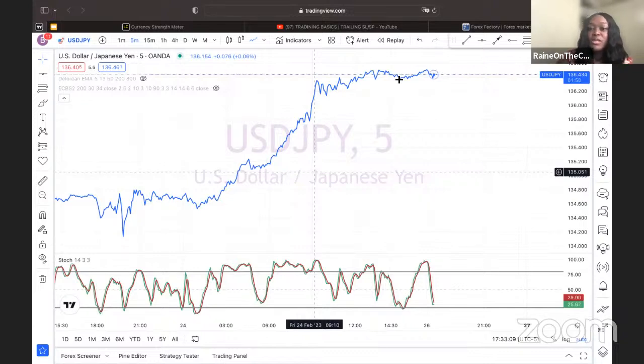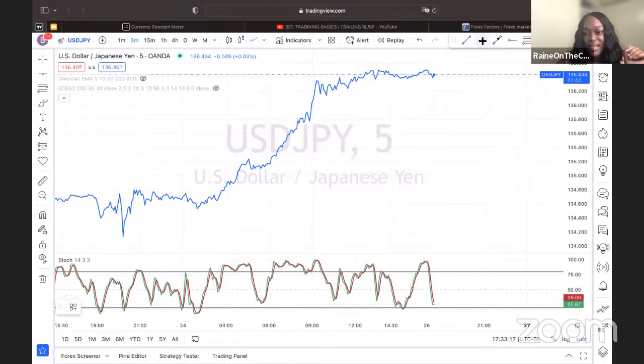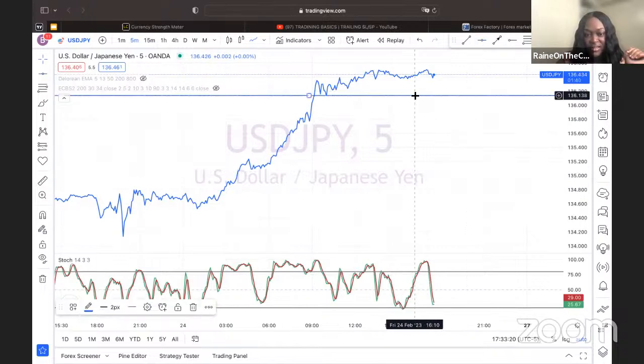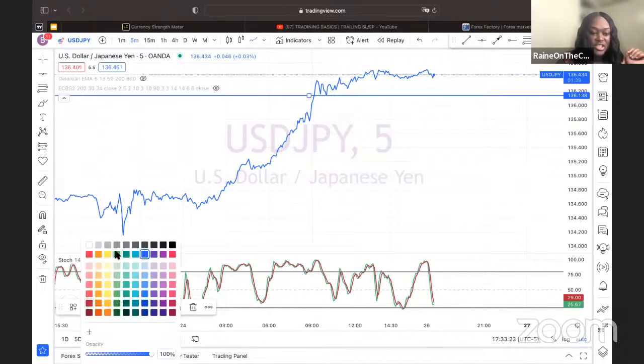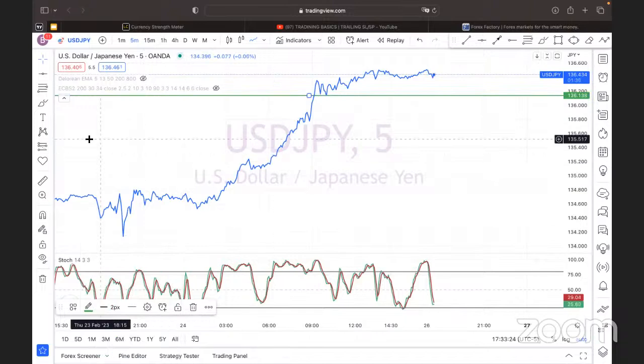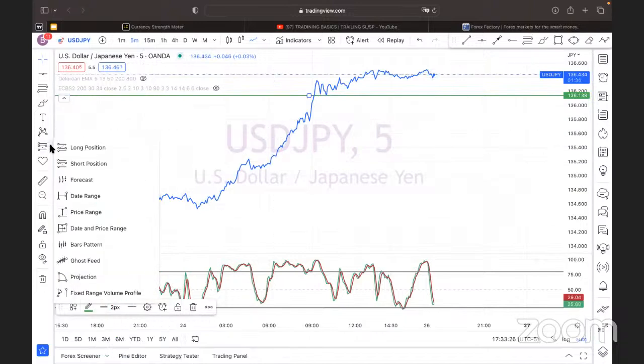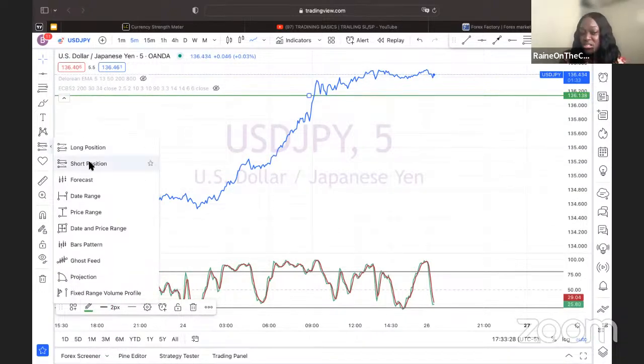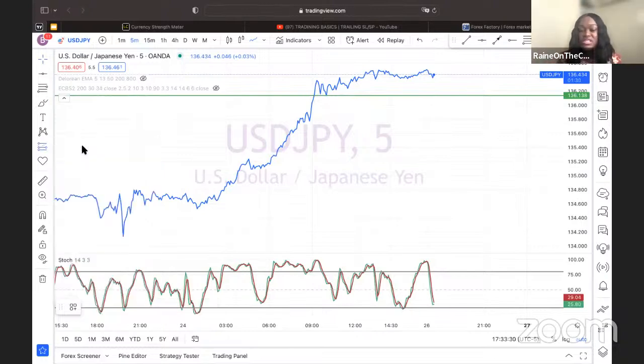All right, so now we're going to be taking a buy. We're going to pretend this was the entry right here. Green is the entry point. And it's not going to be the short position, it's going to be the long position. For buys, you're looking for longs.